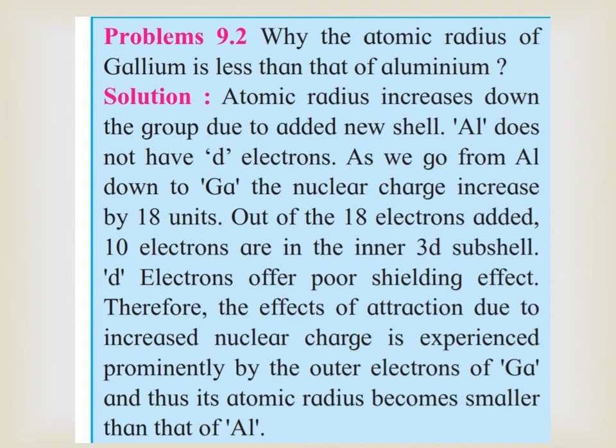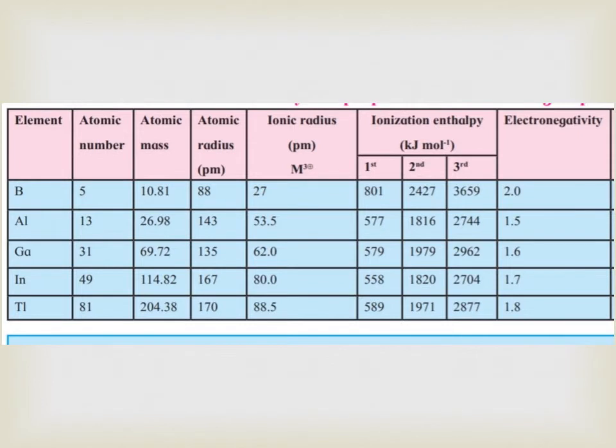And as gallium has increased nuclear charge, the effect of attraction is experienced prominently by the outer 4s and 4p electrons, and that is why the atomic radius of gallium becomes smaller than that of aluminium, due to the failure of d subshell to shield the outer 4s and 4p electrons. And hence the nucleus of gallium will attract the valence 4s and 4p electrons with a greater force.